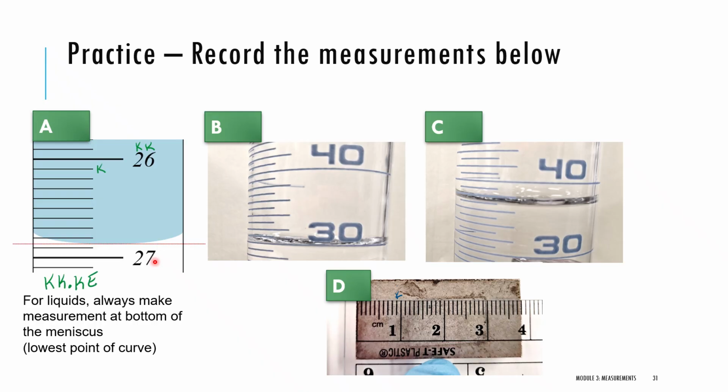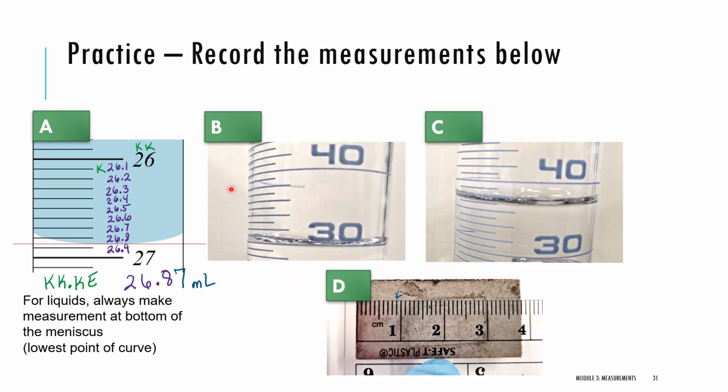Start at the smaller number and count upwards. Always read from the bottom of the meniscus, which is the lowest point of the curve. The liquid level is at 26.8 and appears more than halfway towards the 26.9. So a reasonable estimate is 26.87 milliliters.